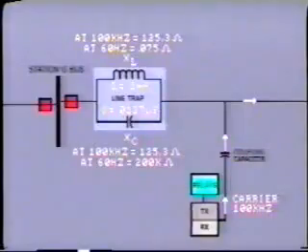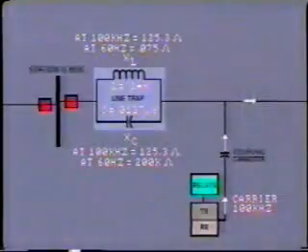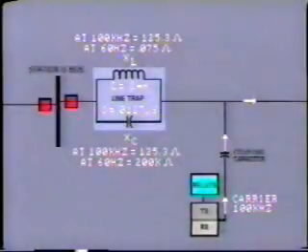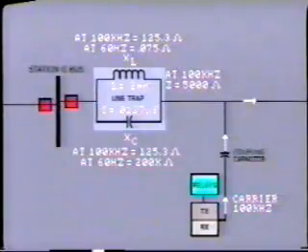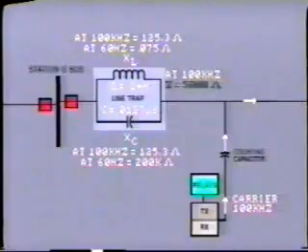Well, if we had a perfect resonance, that is, the theoretical condition with zero resistance in the conductors, then this circuit would provide infinite impedance. But the circuit does contain resistance, and in practice, the impedance to 100 kilohertz current will typically be around 5,000 ohms.